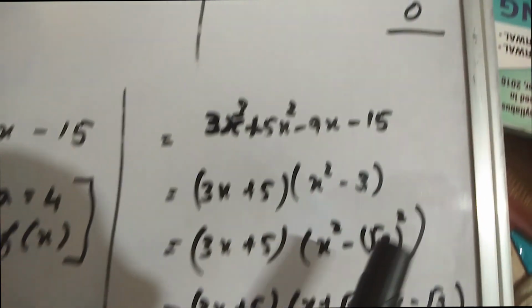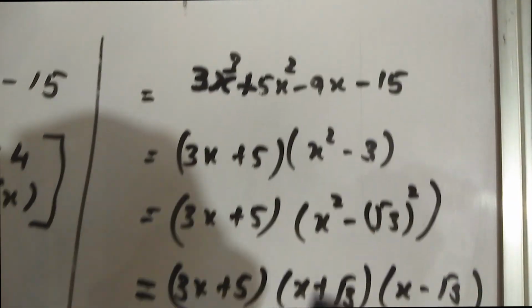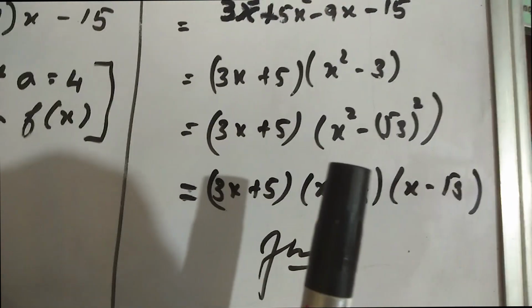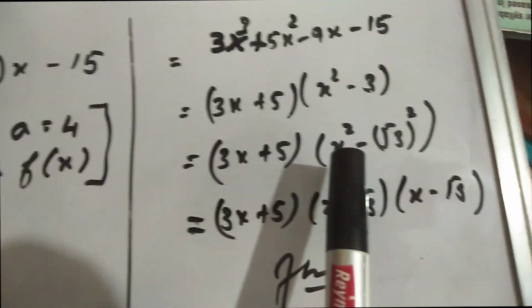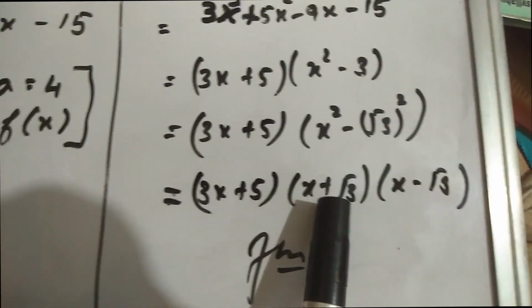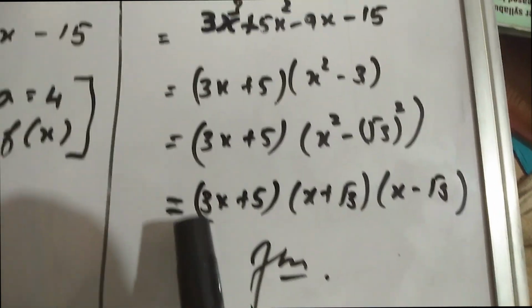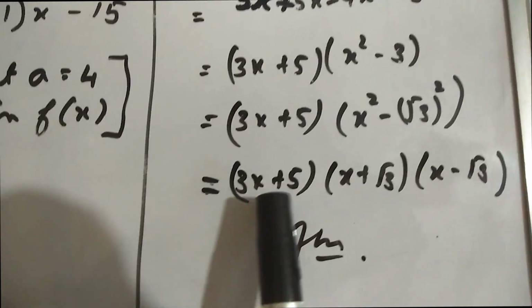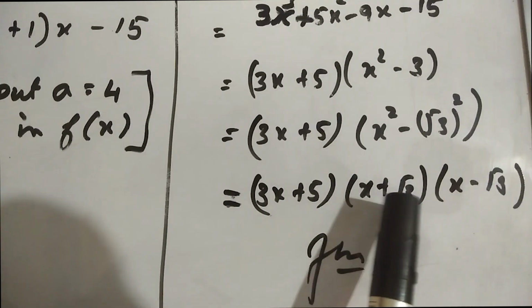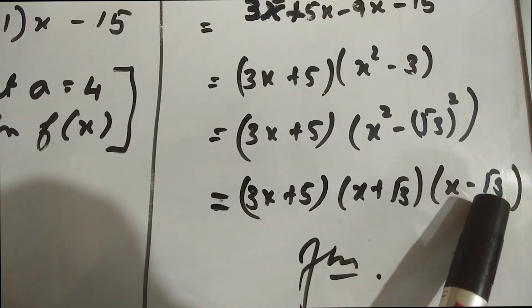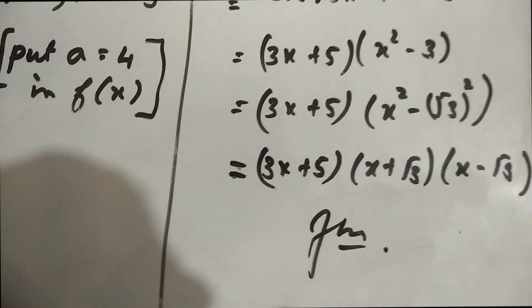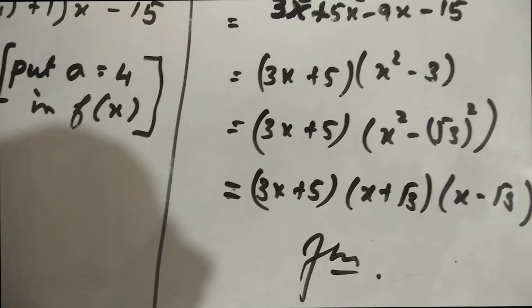I am writing 3 as under root 3 whole square to get the identity a squared minus b squared. Now a plus b, a minus b. So what are the factors? 3x plus 5, x plus under root 3, x minus under root 3. This is the answer.